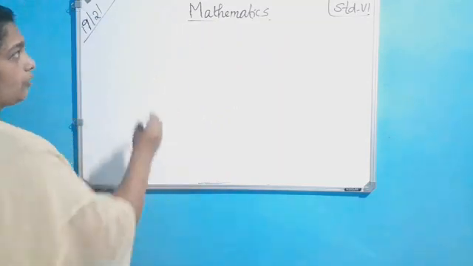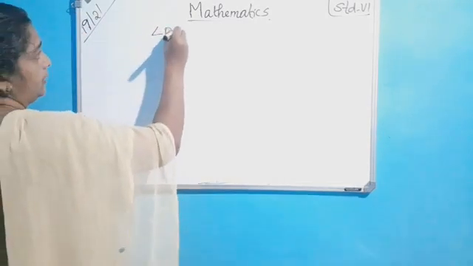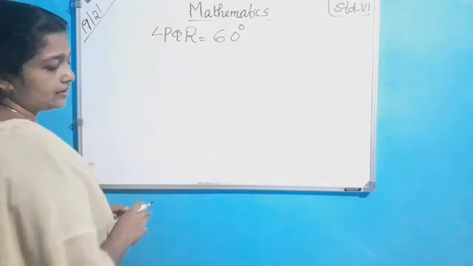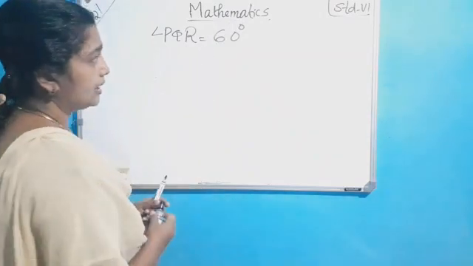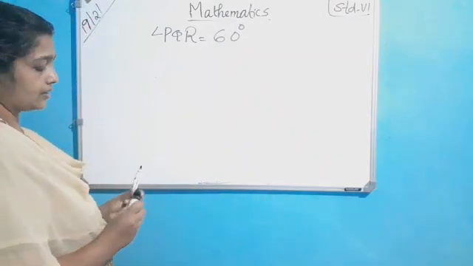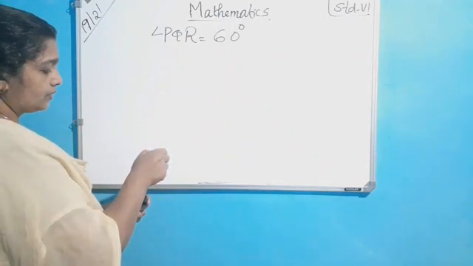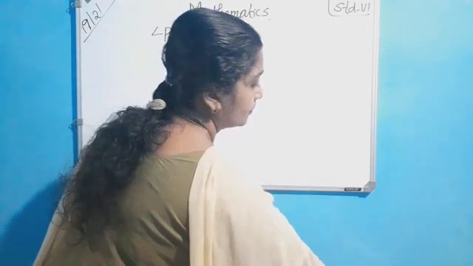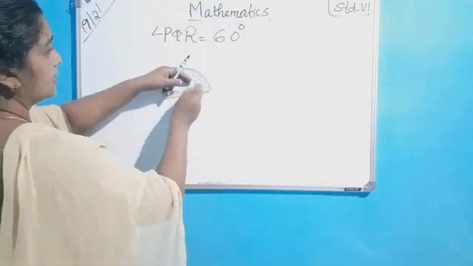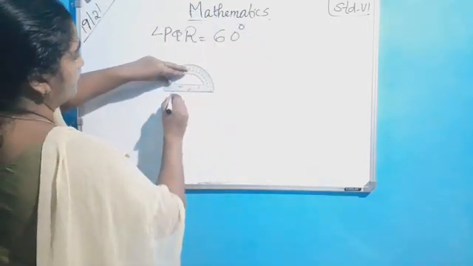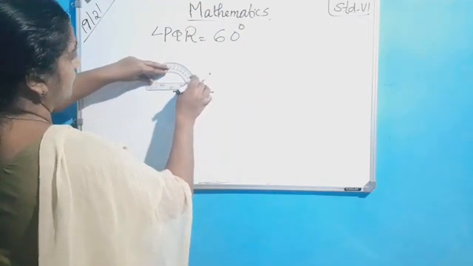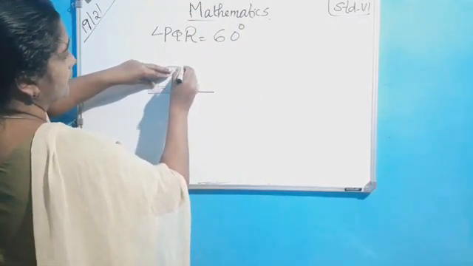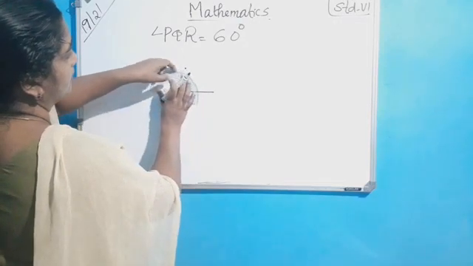Next one. Draw an angle PQR equal to 60 degree and bisect it. How can we construct 60 degree and bisect it? First take the protractor, draw the baseline, and mark the point. Then mark 60 degree here.